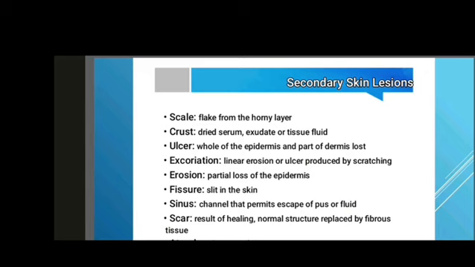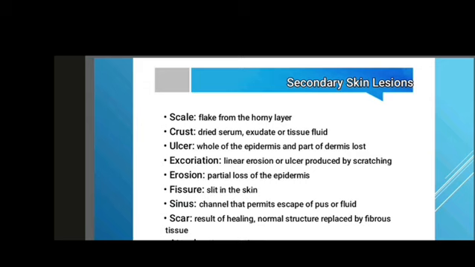The channel that permits the escape of the pus or fluid to the surface of the skin is said to be a sinus.